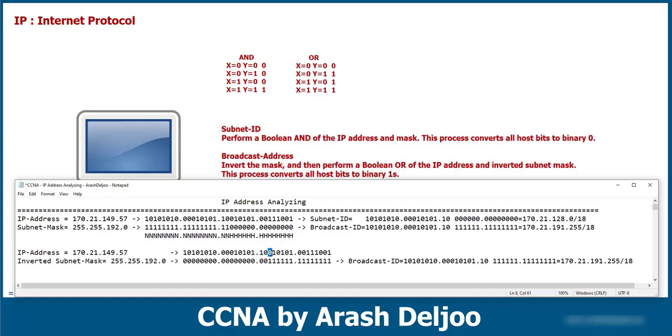If you have 0, the address should be changed to 1. Look at here, this is 1. The IP should be changed to 1. After that, when you have 1 and also in the IP we have 1, again the result is 1. And finally, as you can see, this is the correct Boolean OR between the inverted subnet mask and the IP address. This is the broadcast ID.